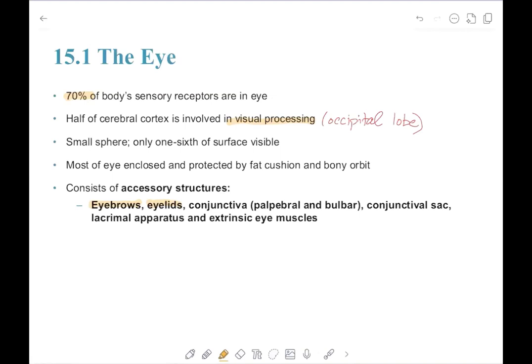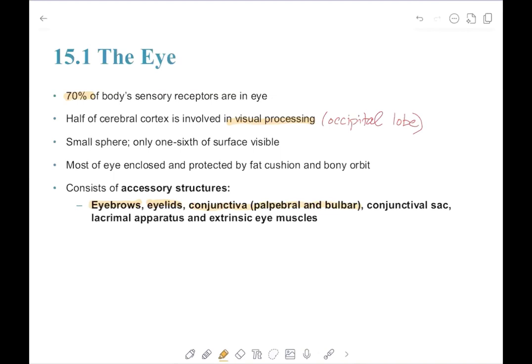And underneath each of the eyes is what is called the conjunctiva. There's a palpebral conjunctiva and a bulbar conjunctiva.